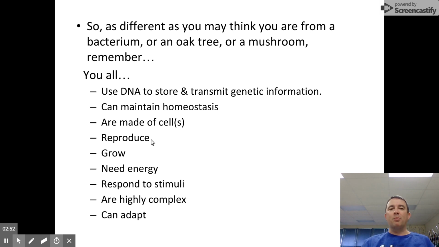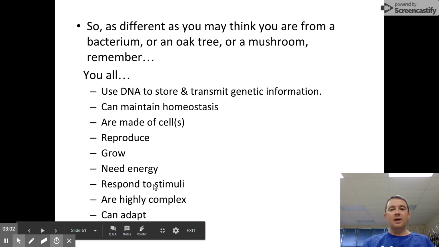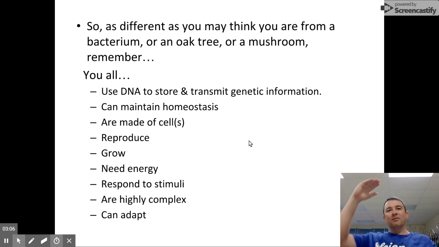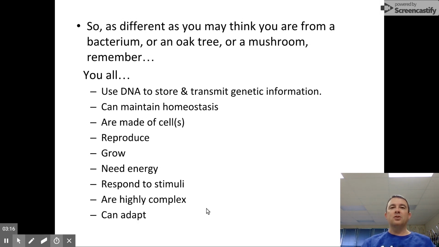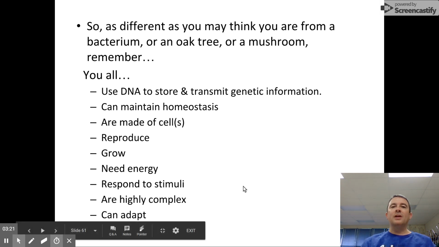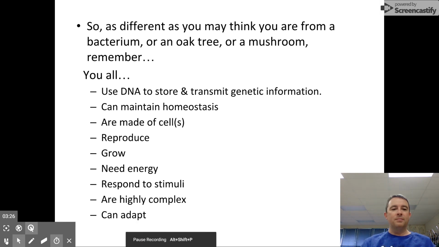All living things can reproduce. They can grow and develop. They can obtain and use energy, respond to stimuli, are highly complex. Remember those multiple levels of complexity that build on each other. And all living things can adapt. Remember the adaptations that we saw with the snowshoe hare and the cactus. So all living things share these 9 characteristics in common.